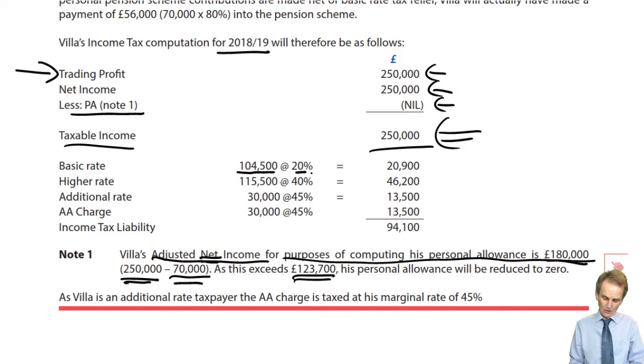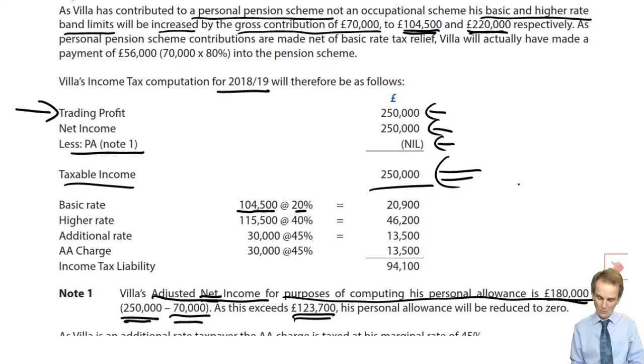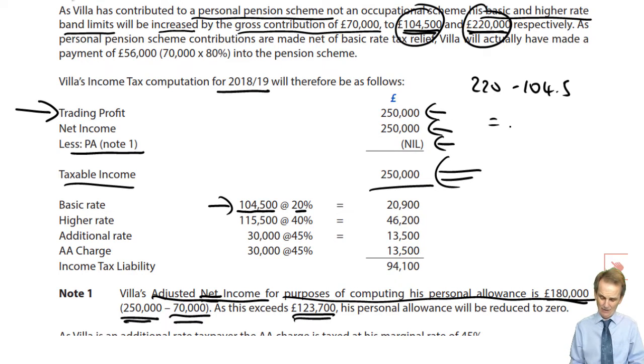We then, of course, go into the higher rate band. Now, the higher rate band is, of course, the bit between the basic rate band limit that we've computed and just used at 104,500 and the higher rate band limit at 220. Well, 220 minus 104.5 will leave a maximum amount of taxable income in that higher rate band.